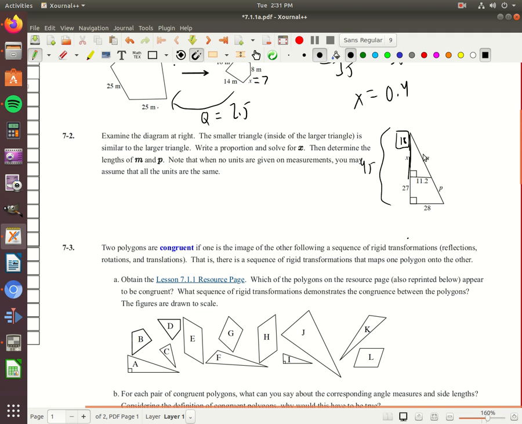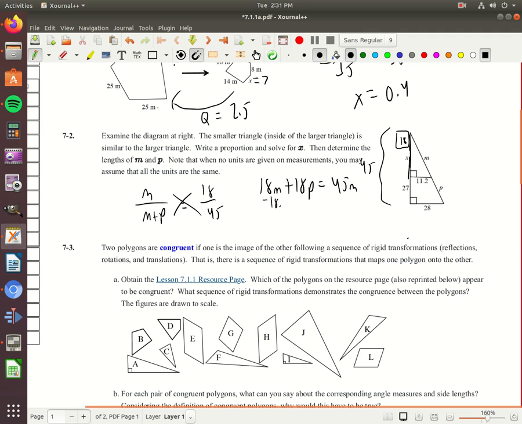I prefer that to the decimal, so we'll say, all right, M compares to M plus P in the same way that 18 compares to 45. So we'll cross multiply. I have two variables here, so I'm not super comfortable with what's happening. 18M plus 18P is going to equal 45M.